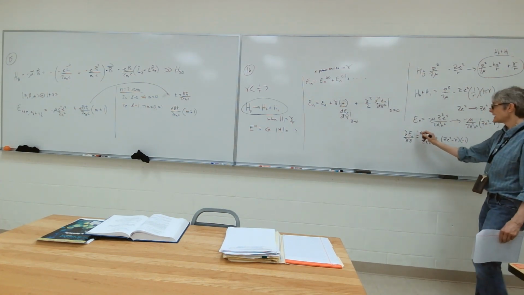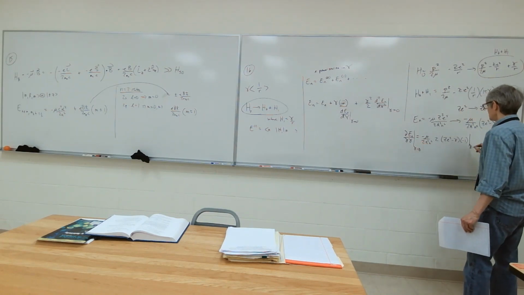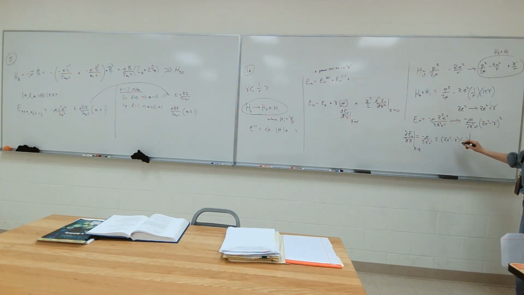Now I set gamma equal to 0. And this term goes away, and the minus becomes a plus, and I just get plus mu over h bar squared n squared times Z e squared. Did I do that right? Well, this must be equal to the average of 1 over r.